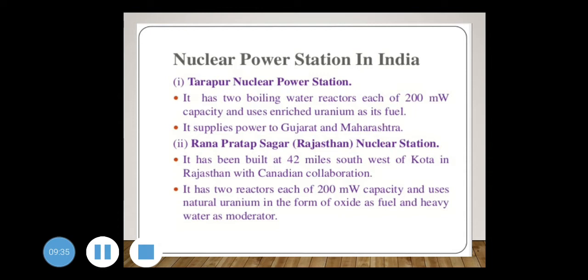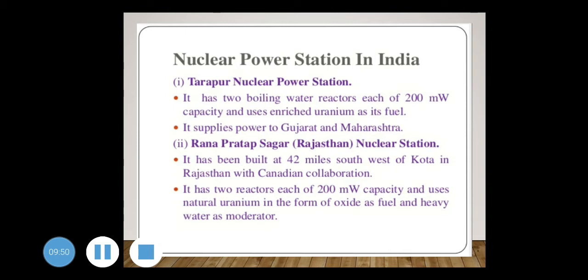These are the different places where the nuclear power plants are located. Now we are going to look at these in detail, that is, the capacity of each power plant.